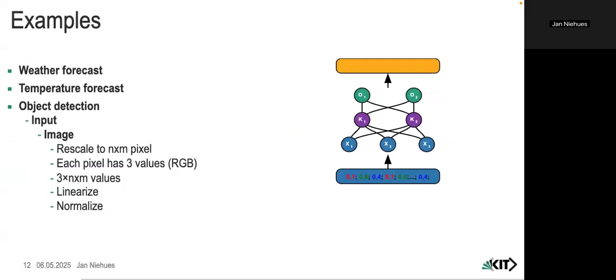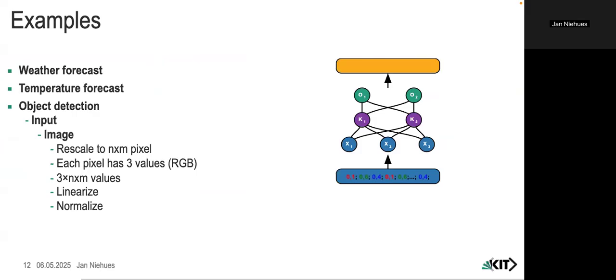You can do even more. For example, if you want a different use case, let's assume you do object detection on an image. A very straightforward or very simple solution could be, again, just a feed-forward network. You would have to somehow rescale your image to n times m pixels. So again, that is the important point: you have to have the same type of input always.